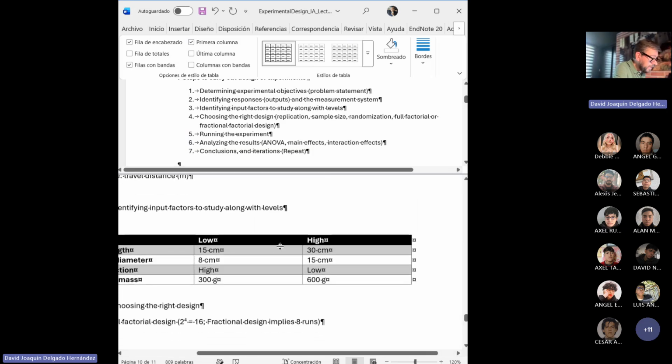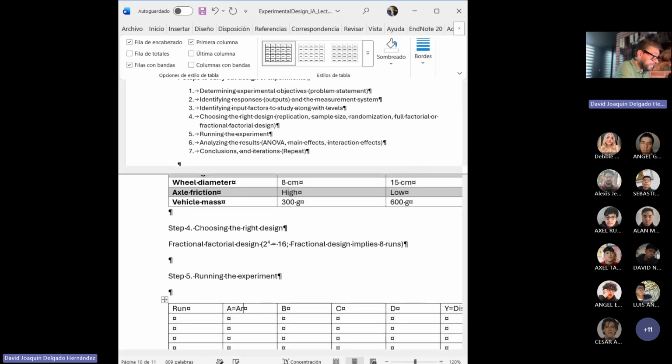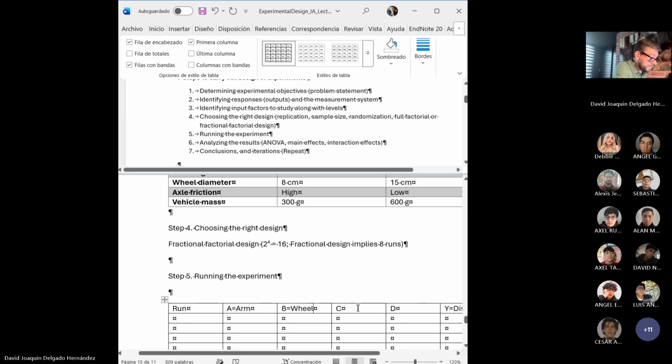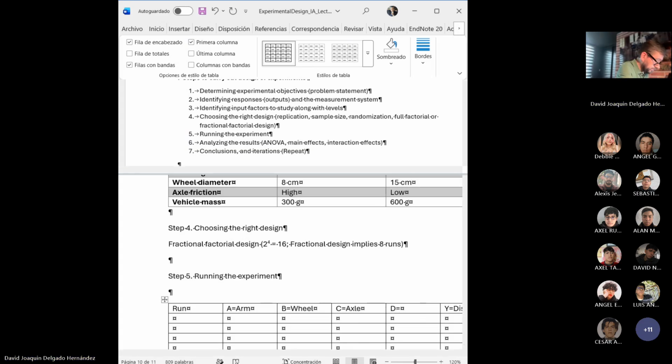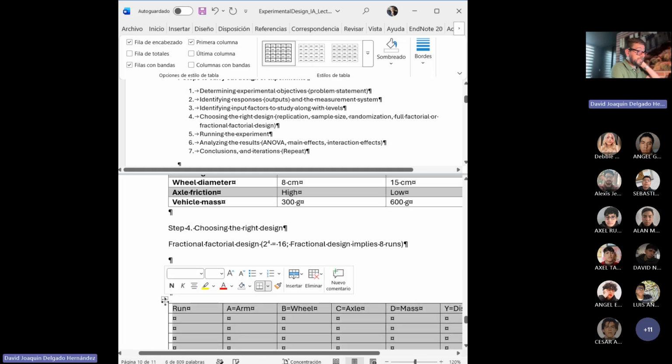A is the arm. B means the wheel diameter. C means the axle. And D is the vehicle mass. Okay, the mass.